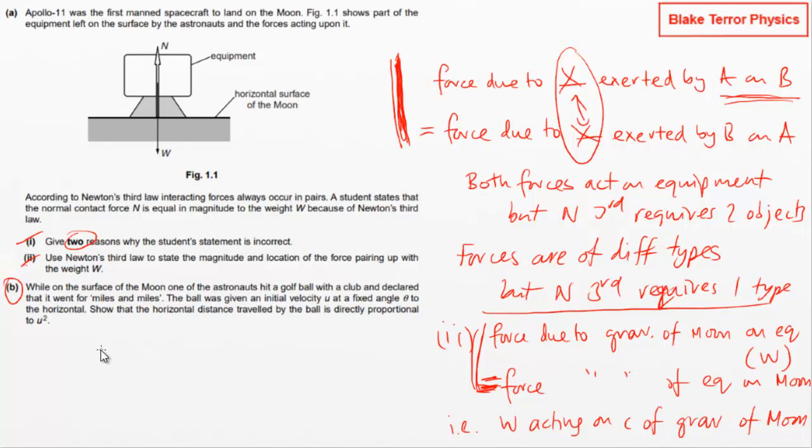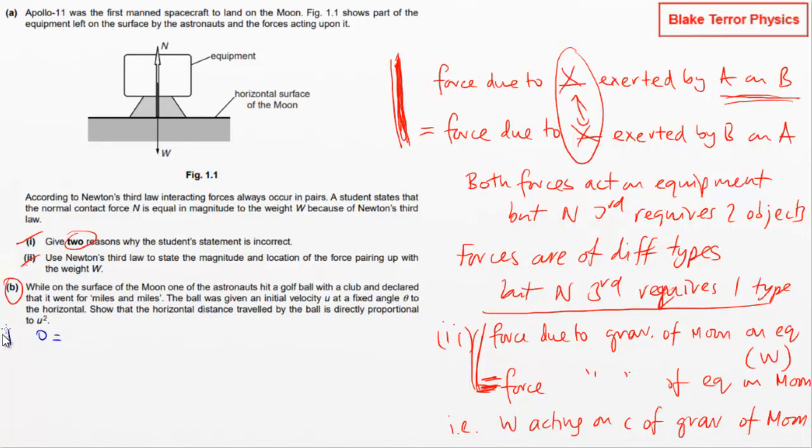Right, whether we're on the Moon or not doesn't really matter here. This is just a straight projectiles question. We're going to get the time of travel first of all. If we use s equals ut plus a half at squared, in the vertical direction there's no change, because we've gone up and come back down.